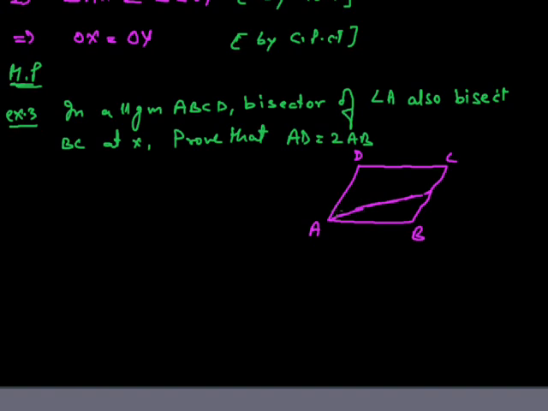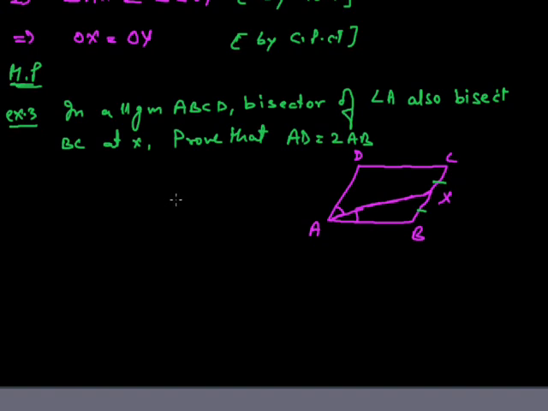This one is the bisector of angle A, meaning these two angles are equal. It is given that the bisector of angle A also bisects BC at point X, so CX and BX are equal.